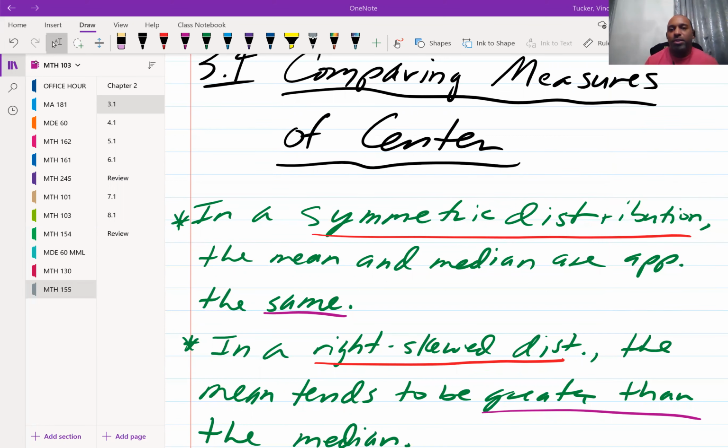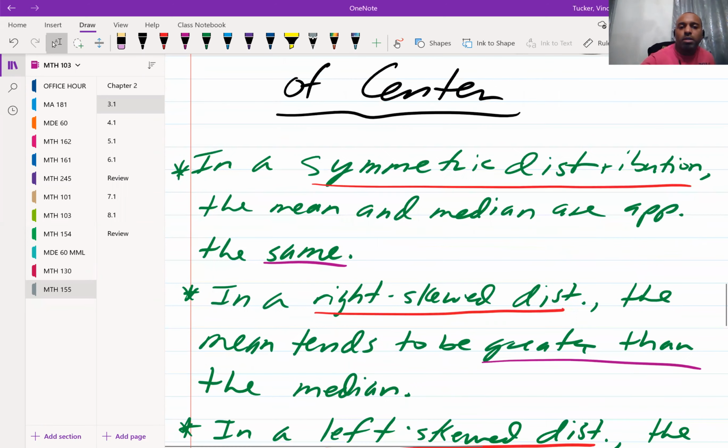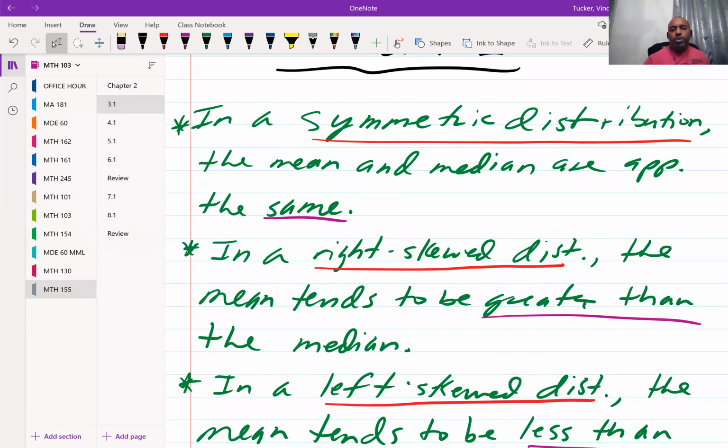So in a symmetric distribution, the mean and median are approximately the same. In a right skewed distribution, the mean tends to be greater than the median.